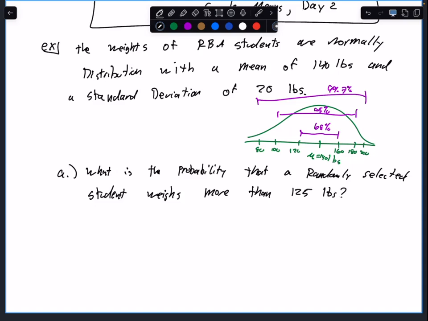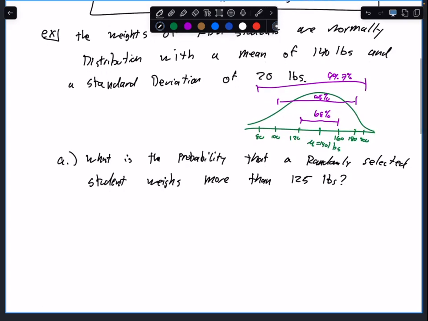Okay, so if I randomly select one student from the school, I number every student in the school 1 through 632, how many students there are, and then I put all their names in a hat, shake them up, or I use a random number generator, and I select one student. What's the probability that one student will weigh more than 125 pounds?